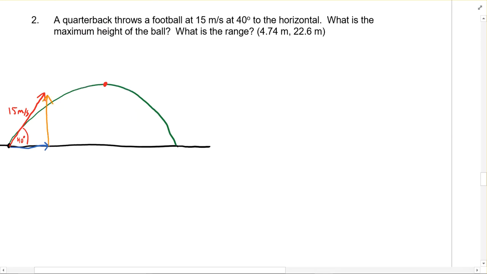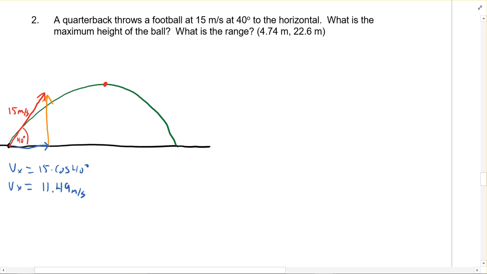So Vx is just going to be 15 times cosine of 40 degrees. So Vx is 11.49 meters per second.